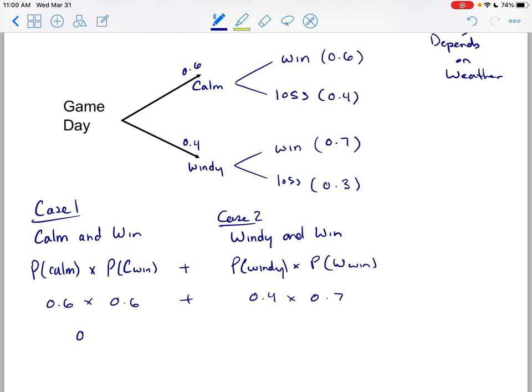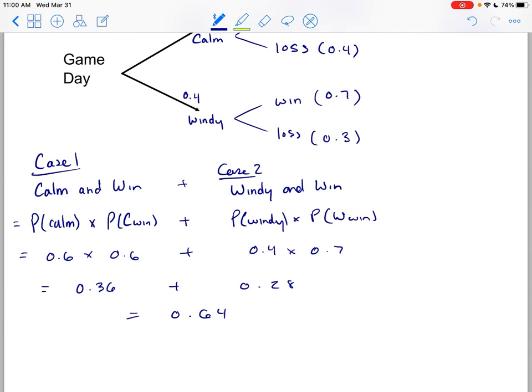So this will give us 0.36 plus 0.28, which is 0.64. So put equal signs in, which equals 64%. So overall, good chances of winning.